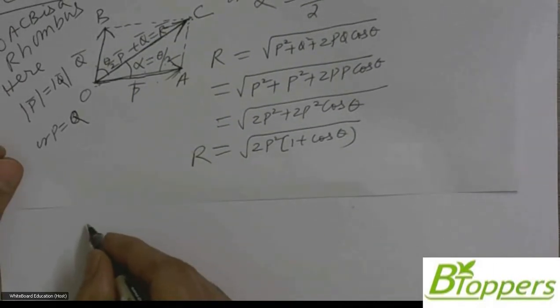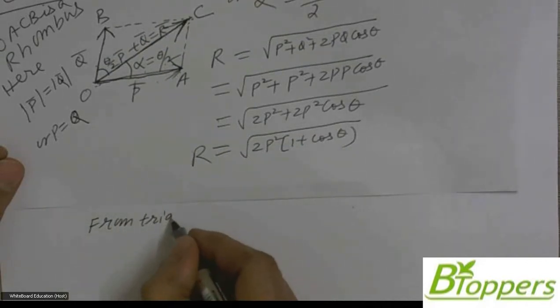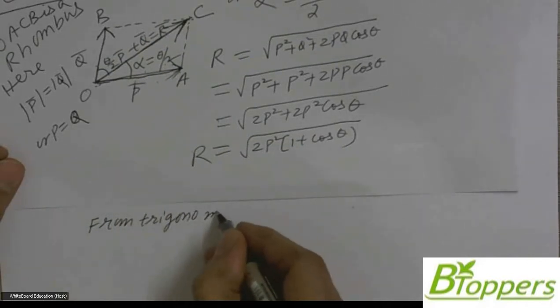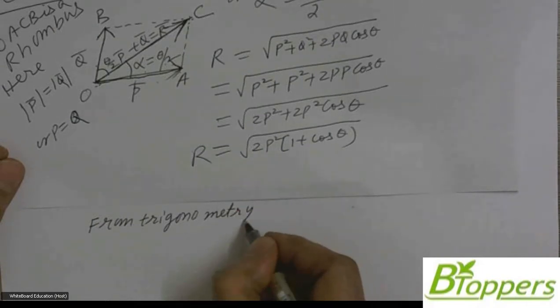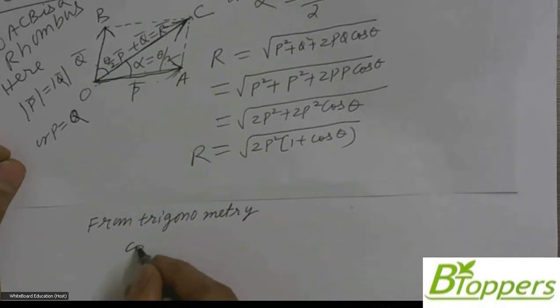So as you must be knowing from trigonometry, of course MP students may be familiar with these results, whereas biology students may not be familiar with these results.